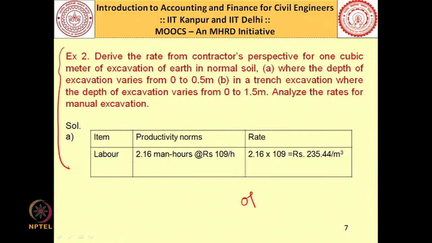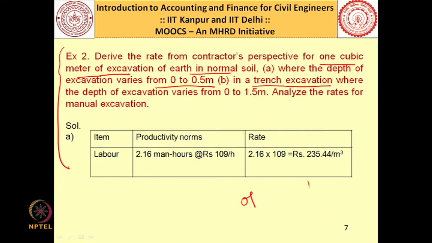So, let us say we try to understand this with the help of one small example again. I am trying to find the cost of 1 cubic meter of excavation of earth in normal soil. Now, depth of excavation is varying from 0 to 0.5 meter. And in the second case, I will try to find out the cost of 1 cubic meter in a trench excavation.